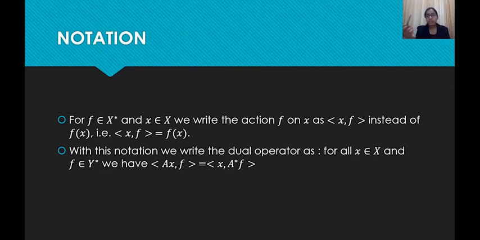Because when we are treating inner product, we are considering a mapping from the same space to the same space itself. So the elements inside that triangular brackets will be of the same space, but here x is from capital X and f is from its dual. Okay, so the inner product x f instead of f of x, sometimes we write it in that form, that is inner product x f is equal to f of x.